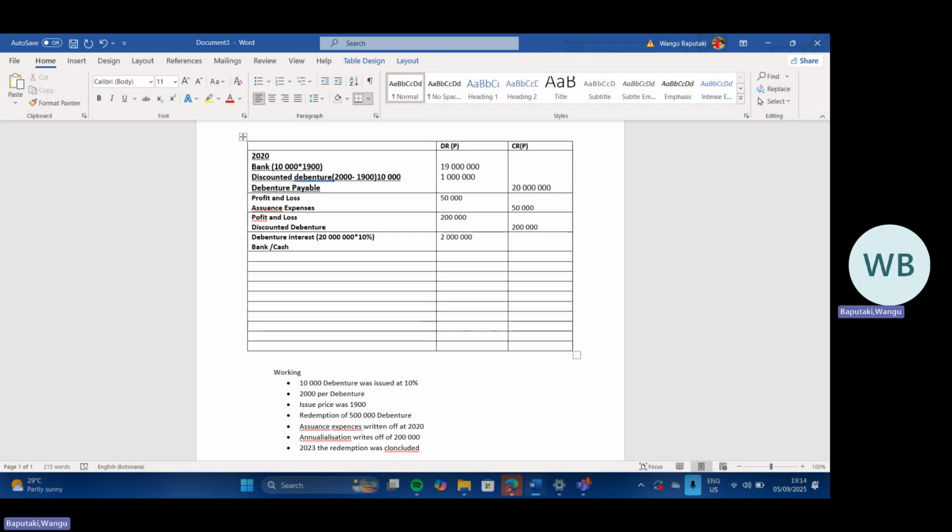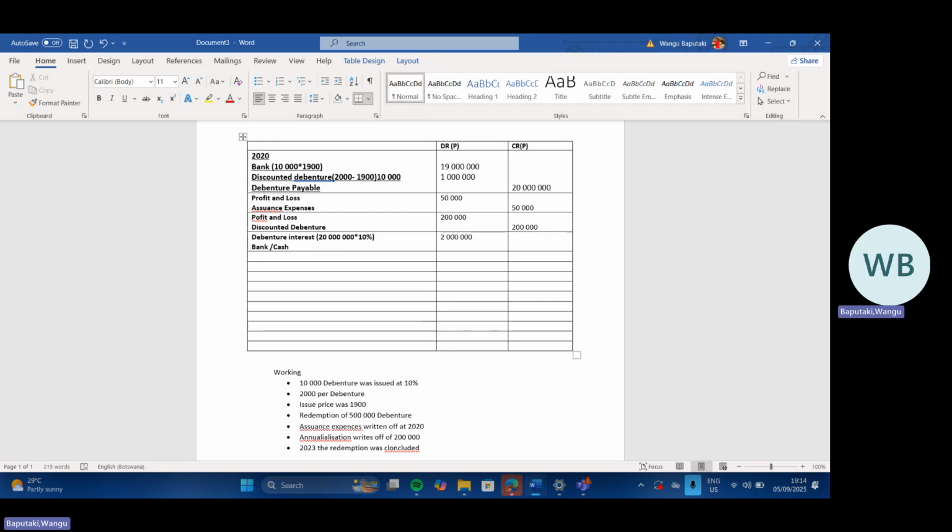With year 2021, I'm going to do the same with the profit and loss and the debenture interest, because we were told that there was an amortization written off.